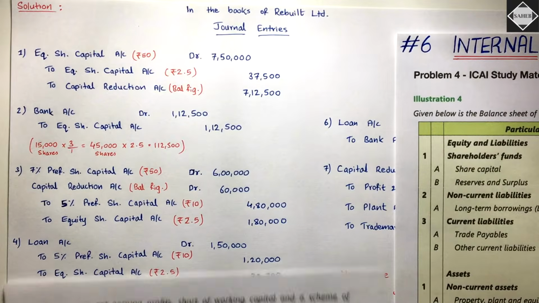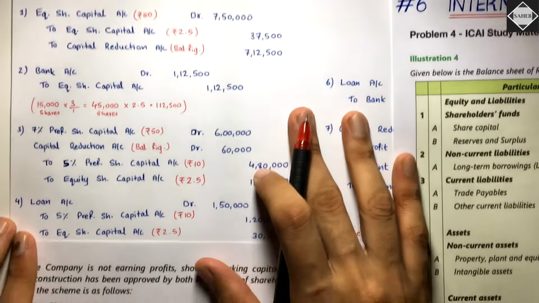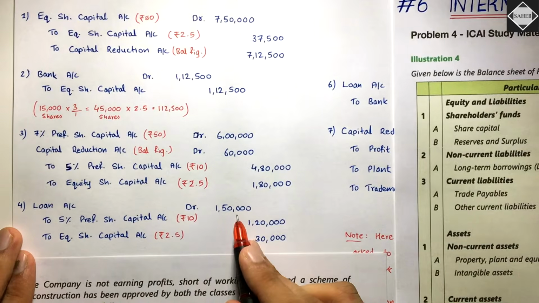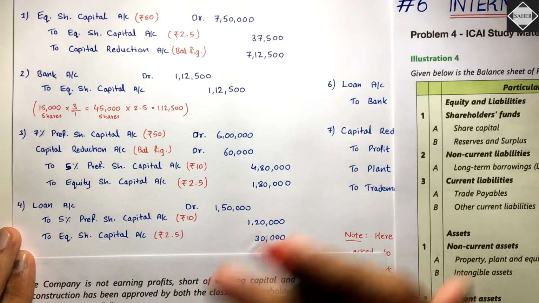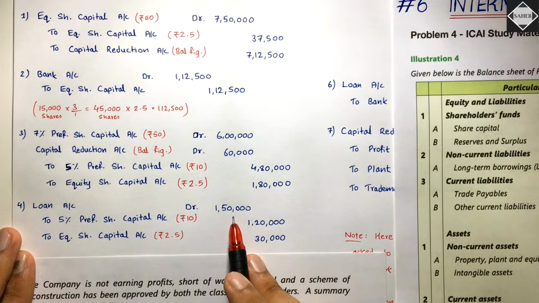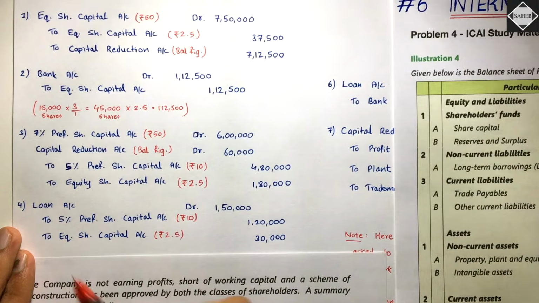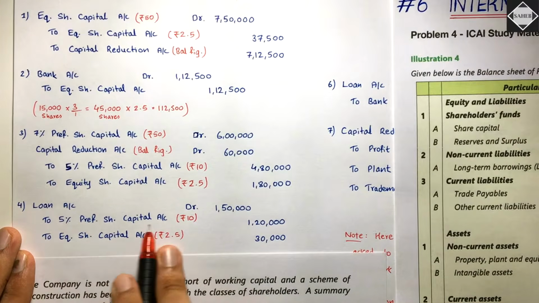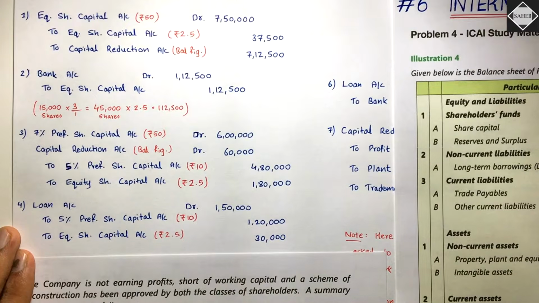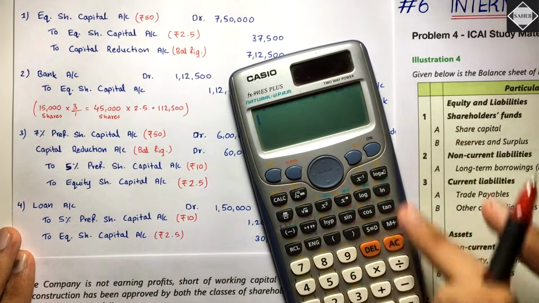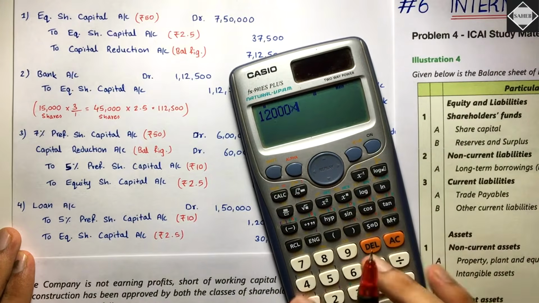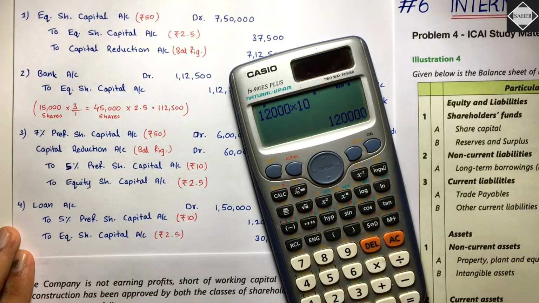So see, loan account debit 1,50,000. You have cancelled the liability of 1,50,000 and then you have credited the preference share capital by 1,20,000. How 1,20,000? They told 12,000, isn't it? So 12,000 into rupees 10, that's equal to 1,20,000. Fine.